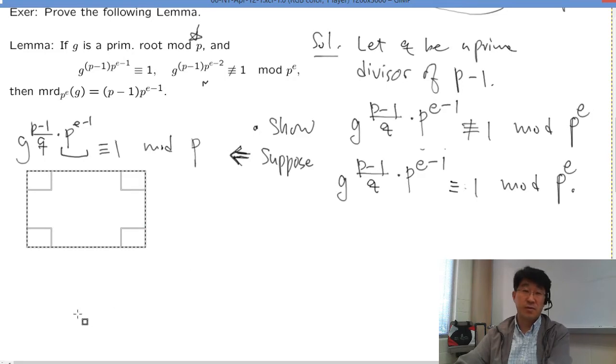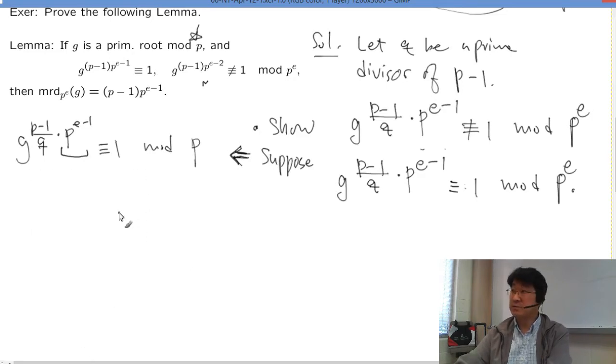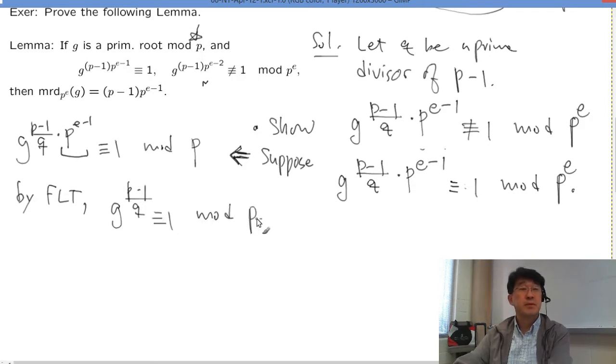Is that correct? So by Fermat's Little Theorem, we have G raised to P minus 1 over Q is congruent to 1 mod P. Isn't that right? So what's wrong with this? Yeah, Euler's theorem.